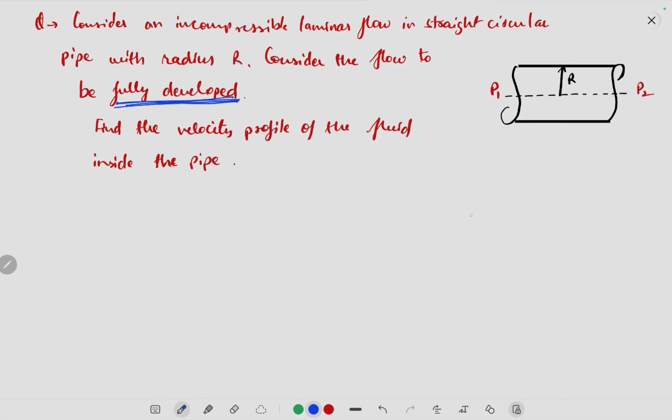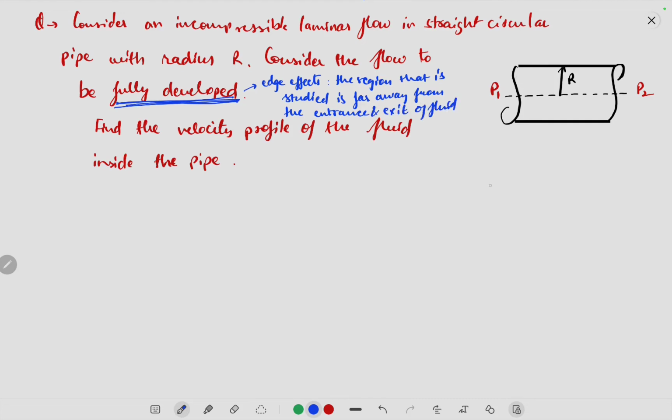So fully developed flow means that we can neglect the edge effects. That is, the region that we are studying is far away from the entrance and exit of fluid.